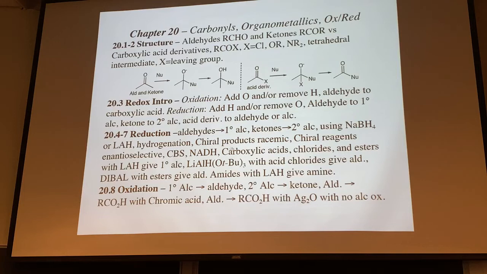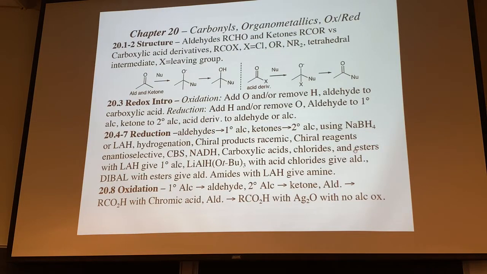We'll also do Mother Nature's hydride reducing agent, which is NADH. You've probably heard of that cofactor in biochemistry or molecular biology or even biology class. They've gone over metabolism. NADH is a reducing agent. NAD plus is the oxidizing agent. So we're covering this topic mainly because it fits into metabolism later on in biochemistry.